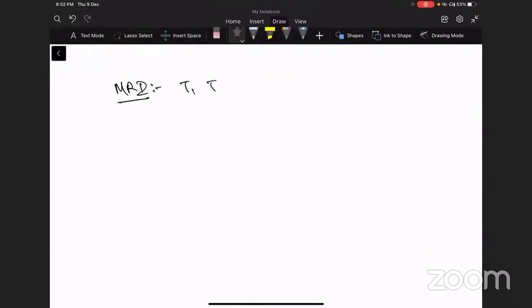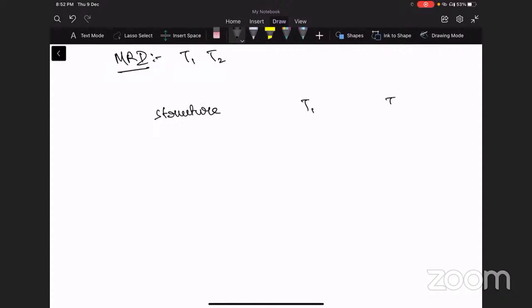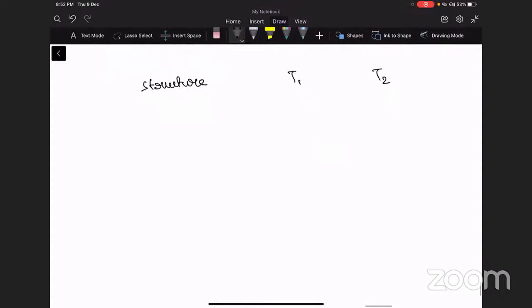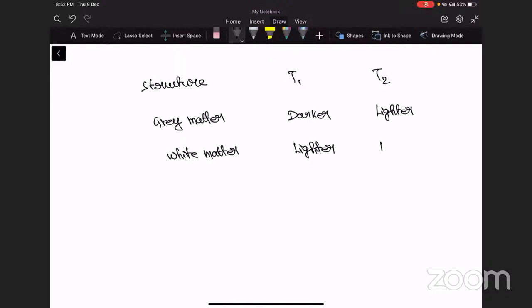Then in radiology, they can give you an appearance, give you an MRI, and they can ask you whether it is T1 weighted or T2 weighted. The gray matter will appear darker in T1, lighter in T2. White matter appears lighter in T1 and darker in T2.